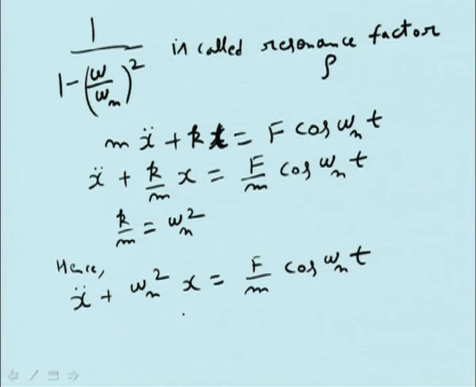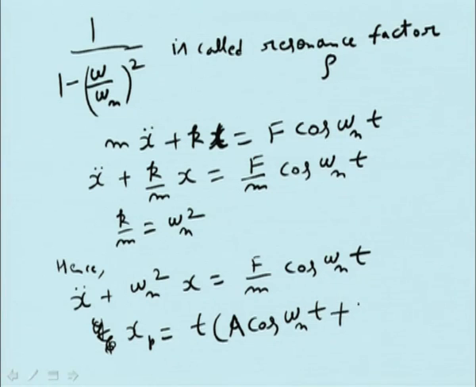Therefore, in this particular case, when you are getting that same omega n here and omega n here, a particular solution is x p is equal to t times (A cos omega n t plus B sin omega n t). These are the constants.